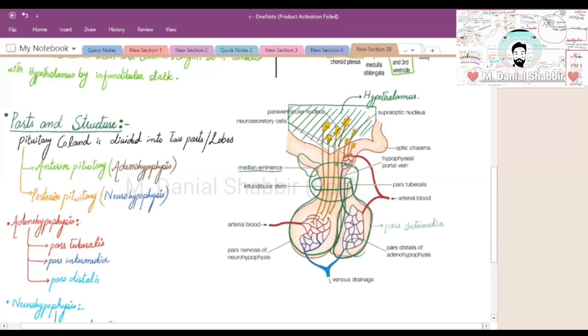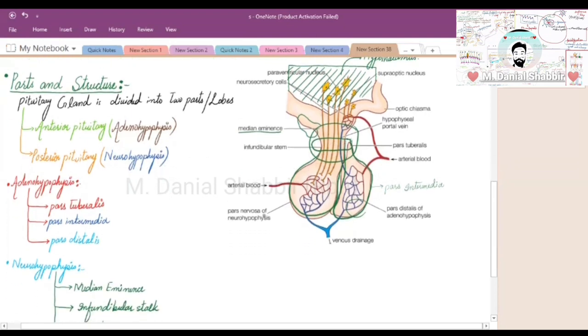Anterior pituitary. This is all anterior pituitary. And we know that the neurohypophysis or posterior pituitary is divided into three parts: median eminence, infundibular stem or stalk, and the third portion is pars nervosa.